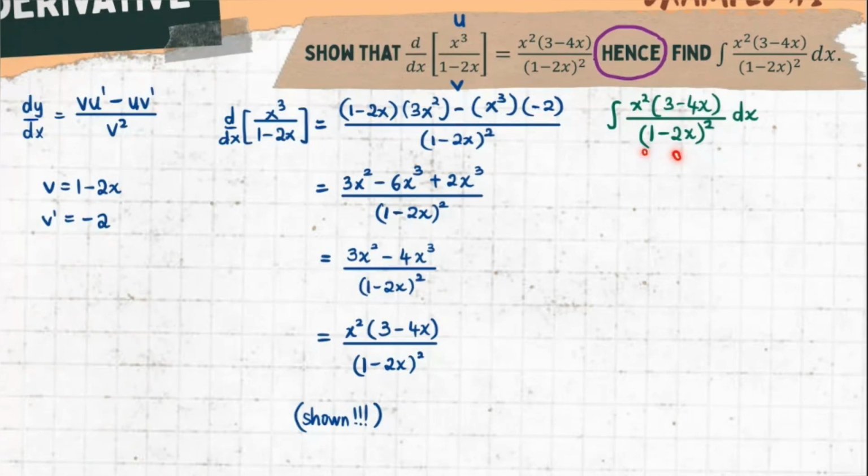So it is the same. So it means the answer for this integration will be just copying what is in the square brackets. It will be x cubed over 1 minus 2x. Don't forget there must be plus c.